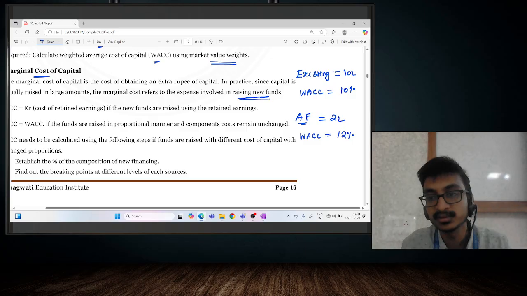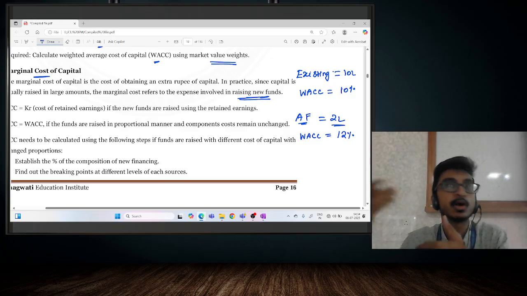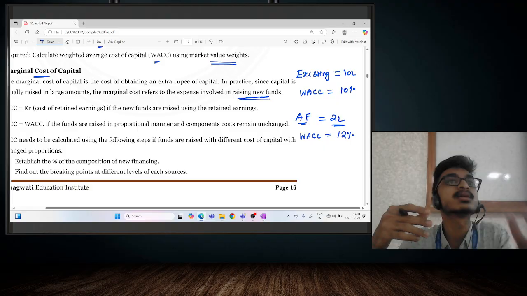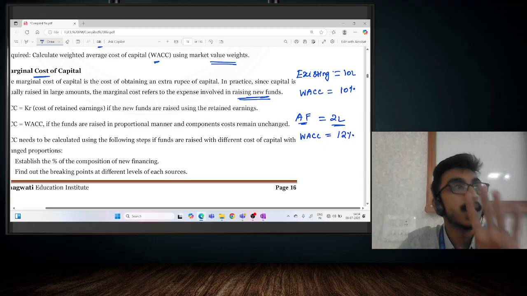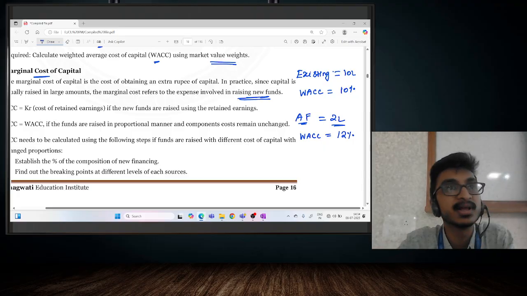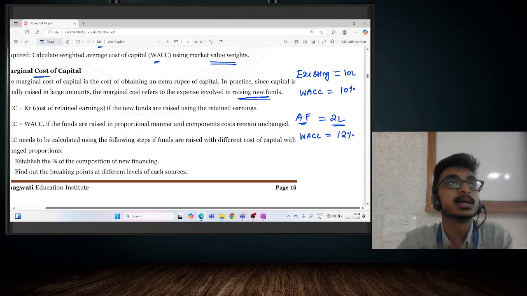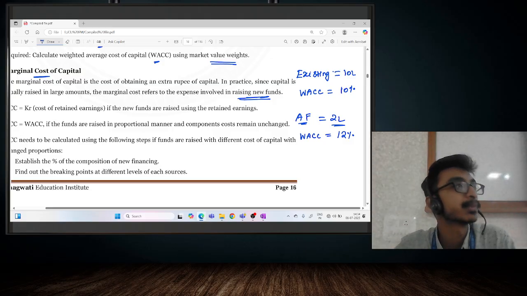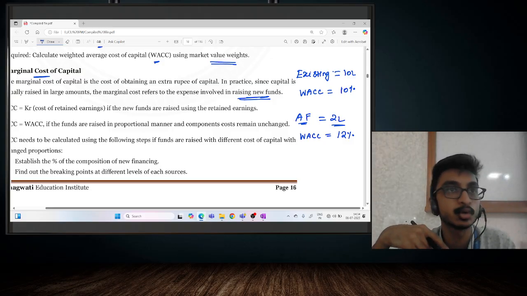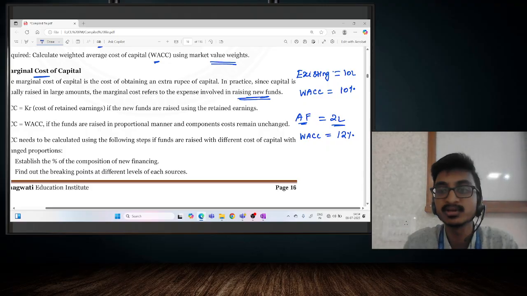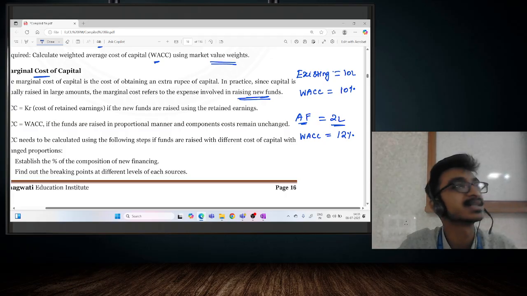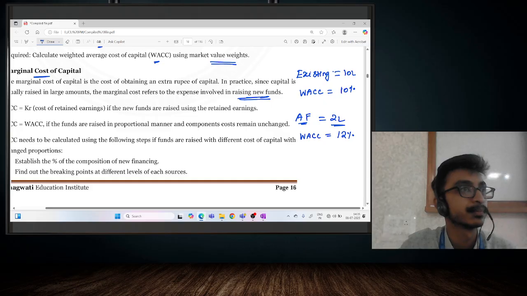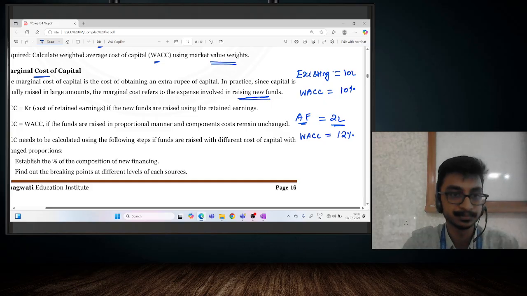In this case, the new funds are 2 lakh rupees. What is the cost of raising this 2 lakh rupees? 12%. So marginal cost of capital is 12%. Is this point clear? Did you all understand what is marginal cost of capital?